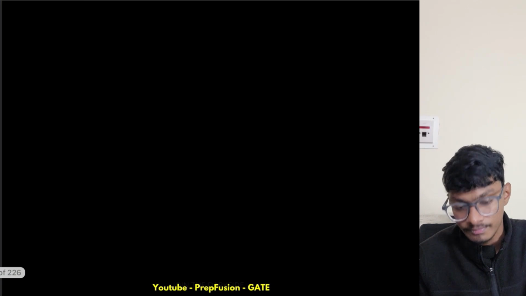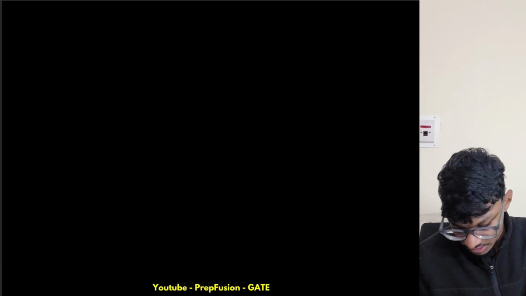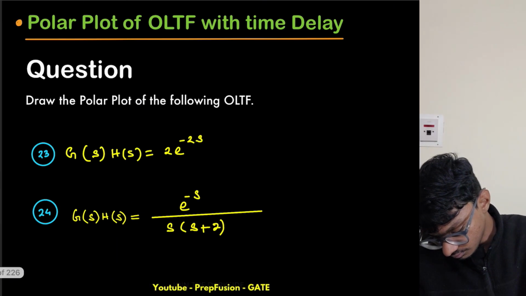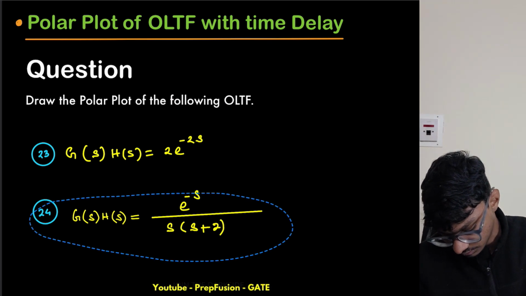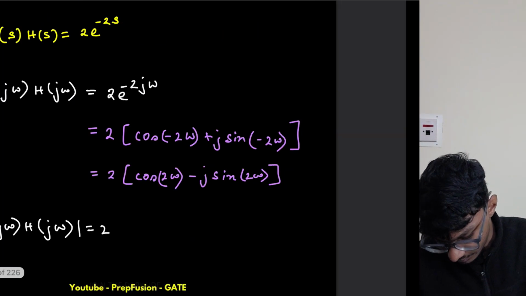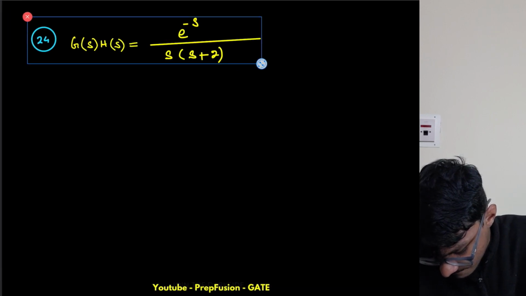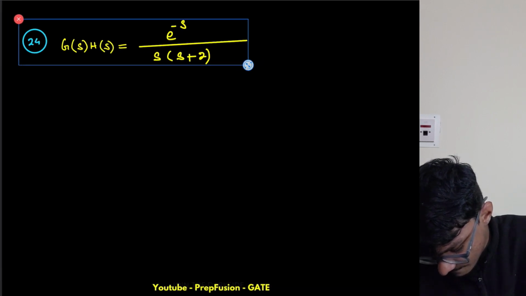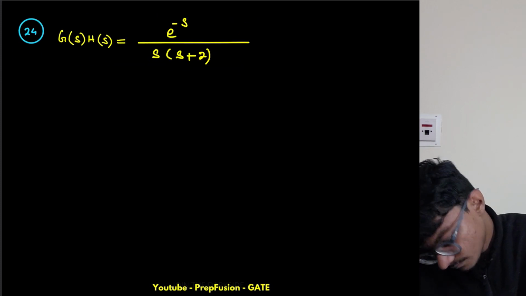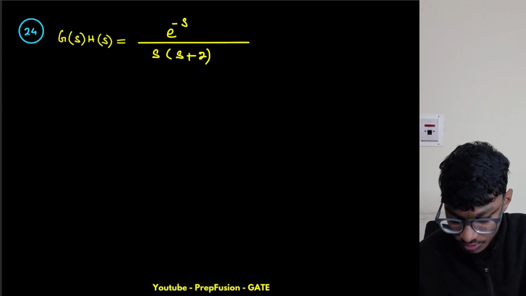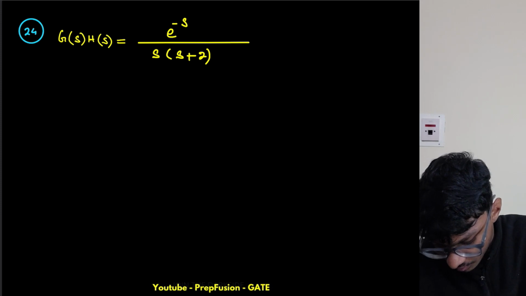So now let's go to the next question. So what is the next question? The next question is this one. You try to do this one by yourself also. So in this question again, I will put S equals J omega.